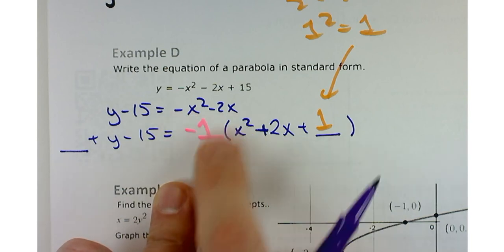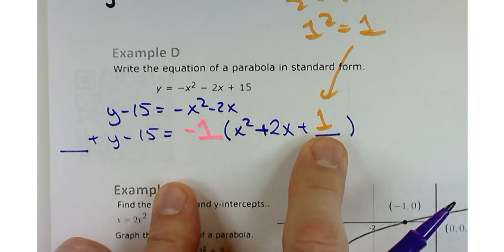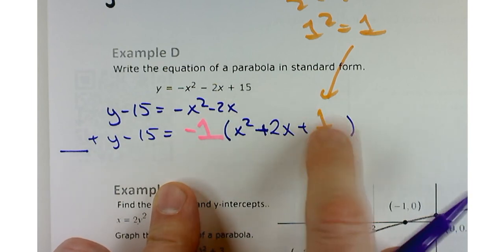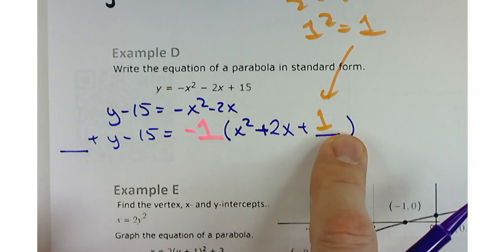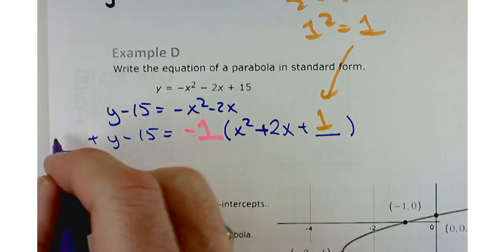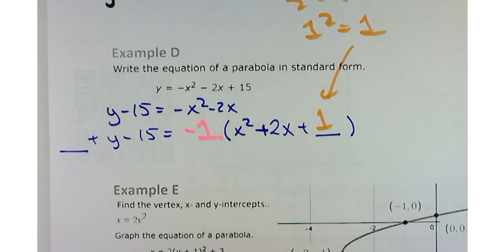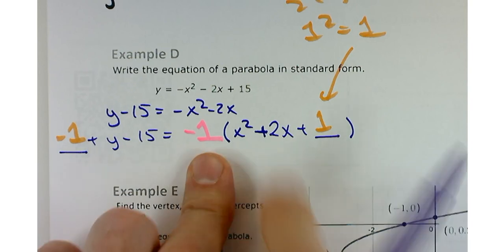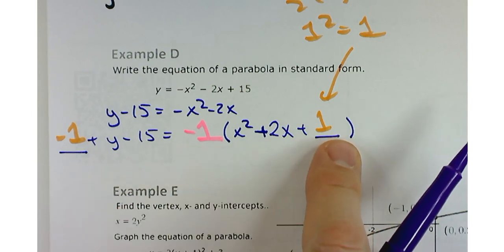That matches what I have up here. But then I'd also get a -1. So I've really subtracted 1. By putting a +1 here, I really subtracted 1 from the right-hand side. So I'll do the same thing on the left-hand side. That's a little tricky, but hopefully you can practice that some.